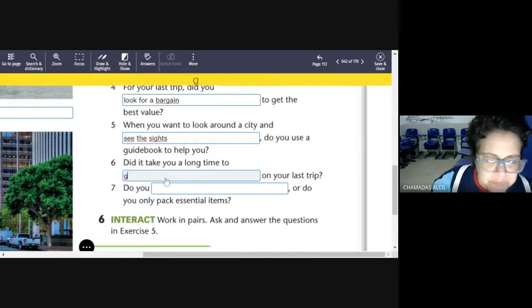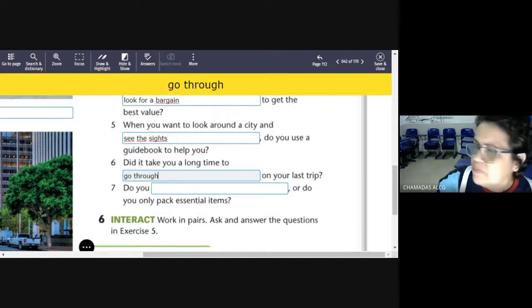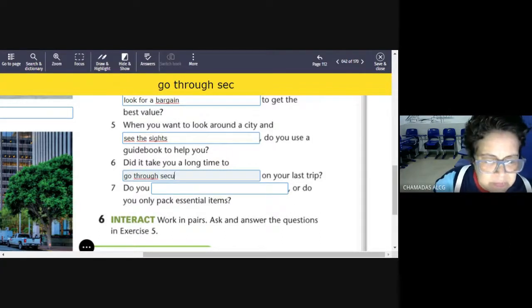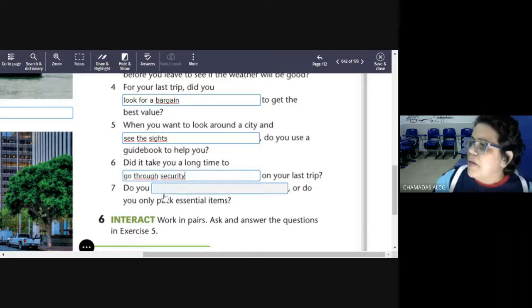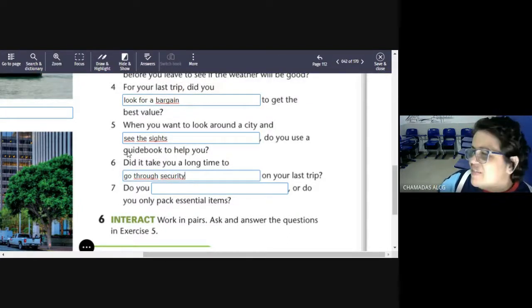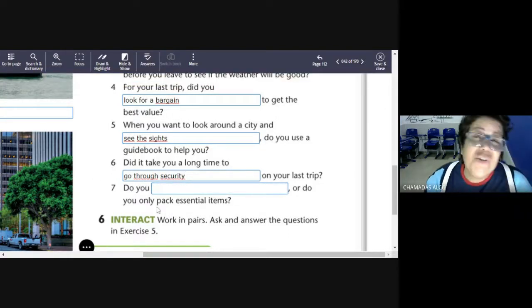Yeah, this is the worst part when you travel, right? Especially when you're coming back from a flight, and you're tired, you want to go home, and you have to go through security. And you are loaded. You have a lot of stuff.